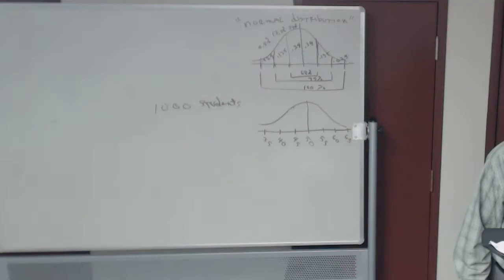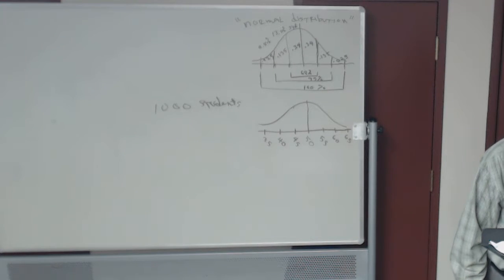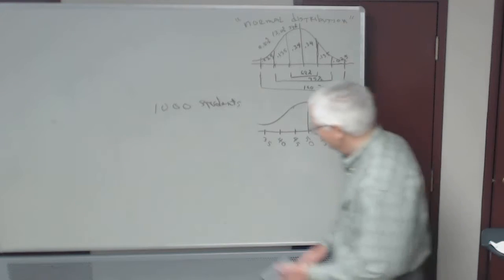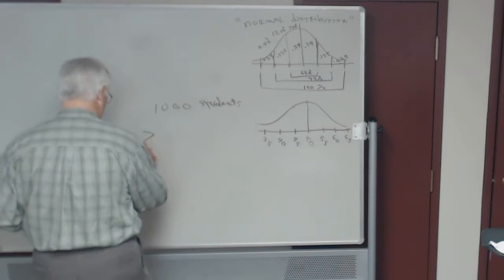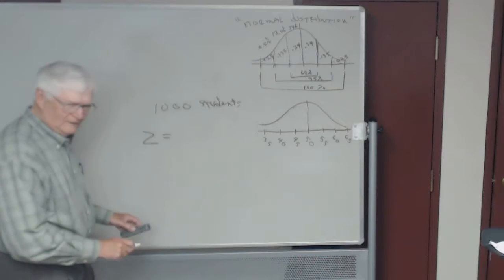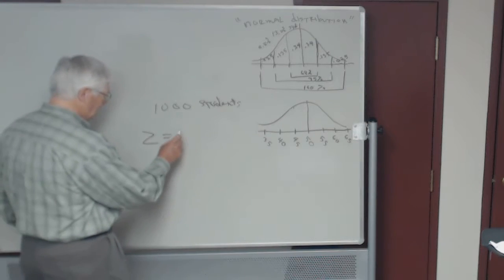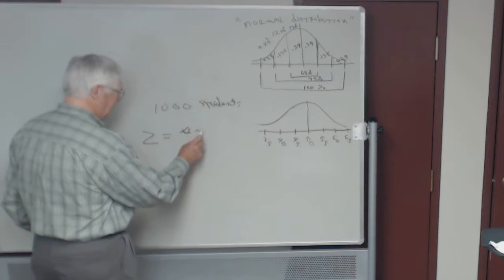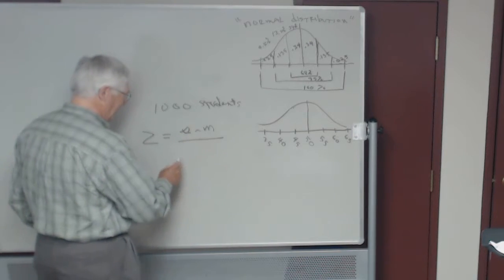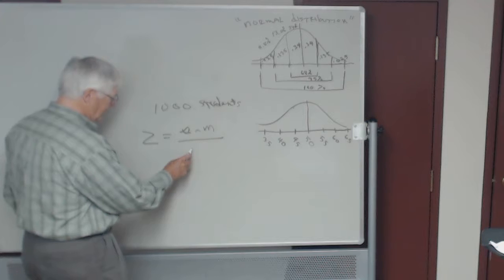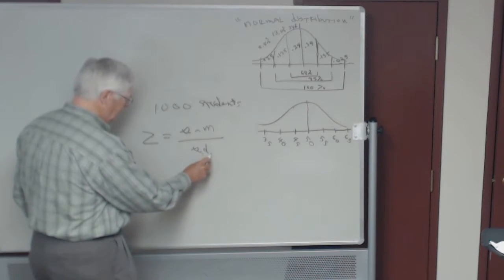Find the z-score corresponding to a score of 58. The z-score equals, do you remember that? The score minus the mean divided by the standard deviation.